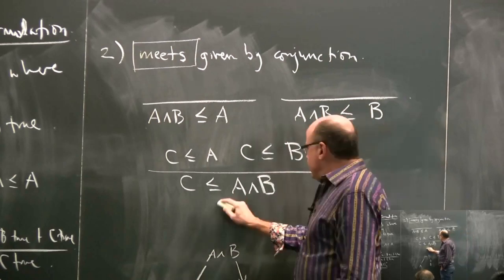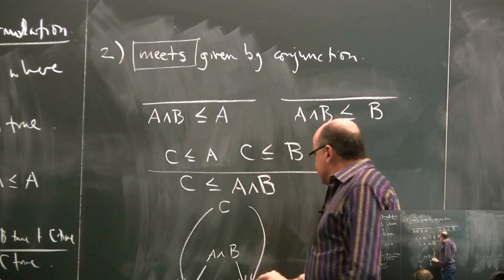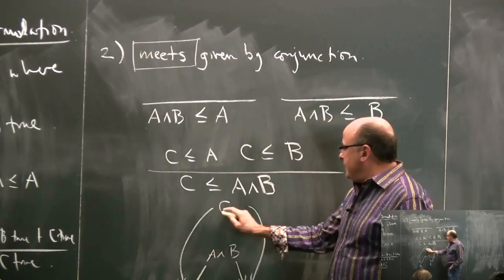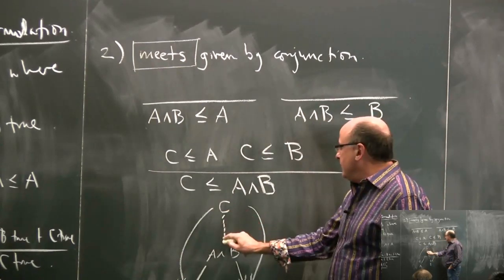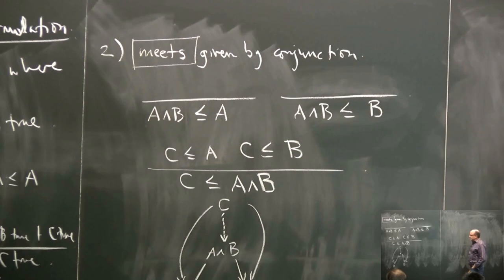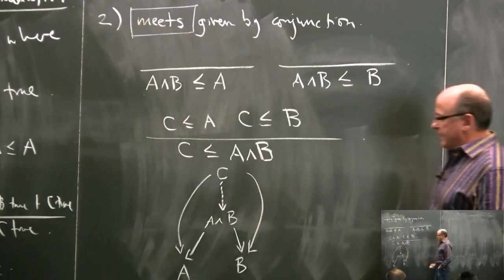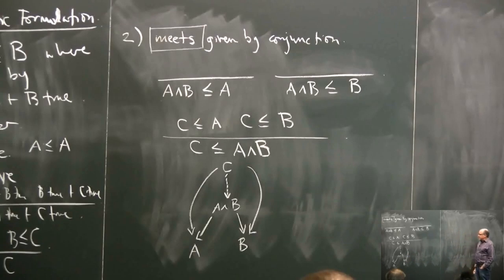And you say if C is less than A, and if C is less than B, then a lot of times people will draw in a dashed line there: C is less than or equal to A and B. So the idea is that if this is the case, then this is the case.